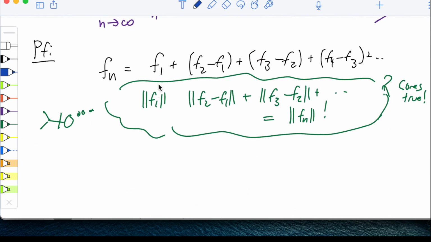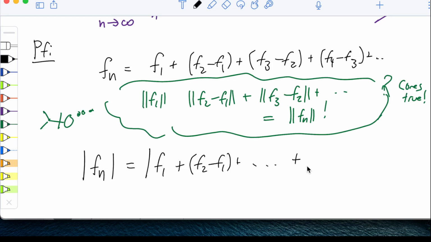So f is f1 plus f2 minus f1, and so on. And actually, the absolute value of fn is the absolute value of f1 plus f2 minus f1 plus dot dot dot plus f4 minus f3, and so on, all the way up to the last term, which is fn minus fn-1. So you take the absolute value of both sides.